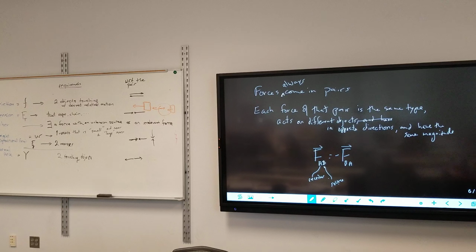Normal force, those forces will be drawn perpendicular to the surfaces of contact. So normal force is perpendicular to the friction. Weight, or gravitational force in general, is toward the center of mass of the other object.